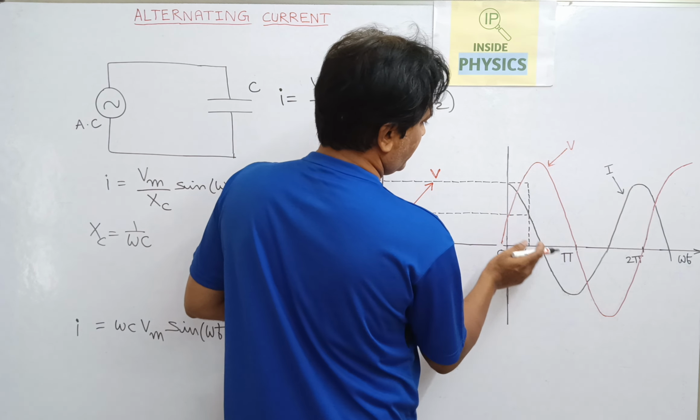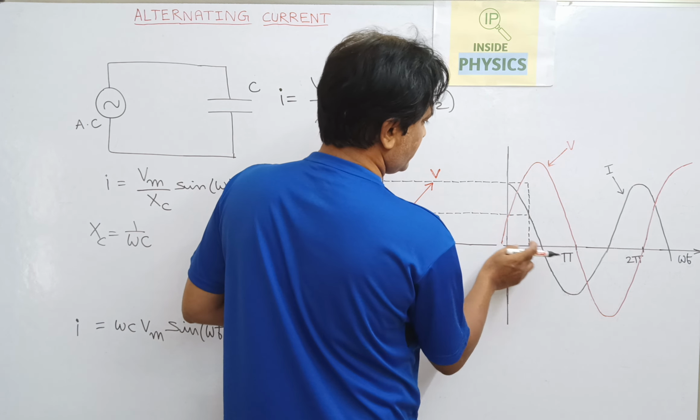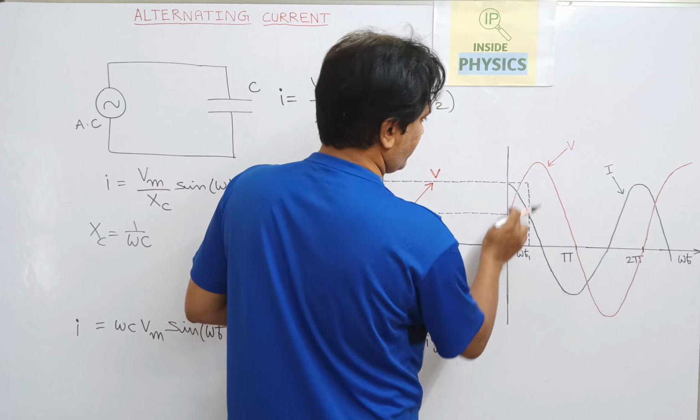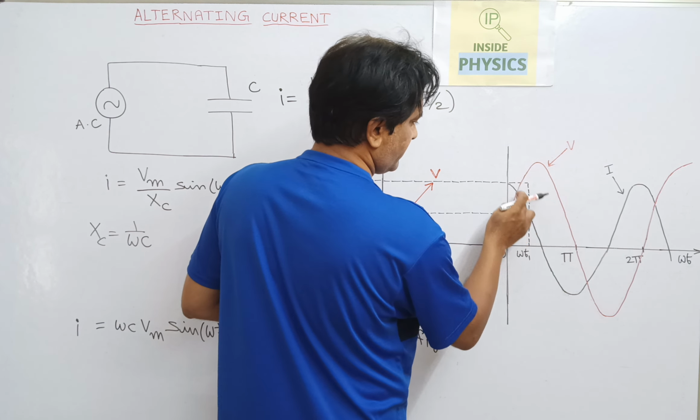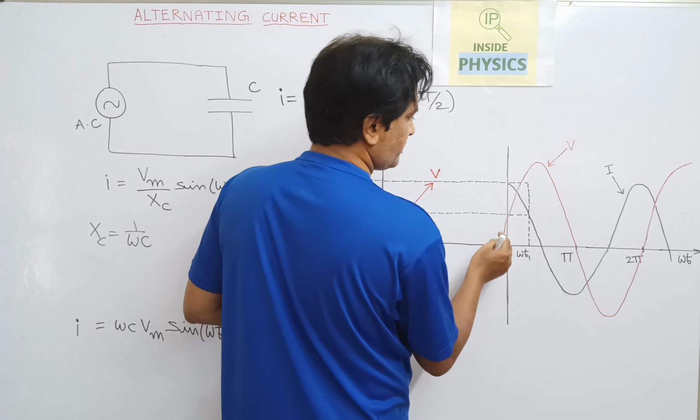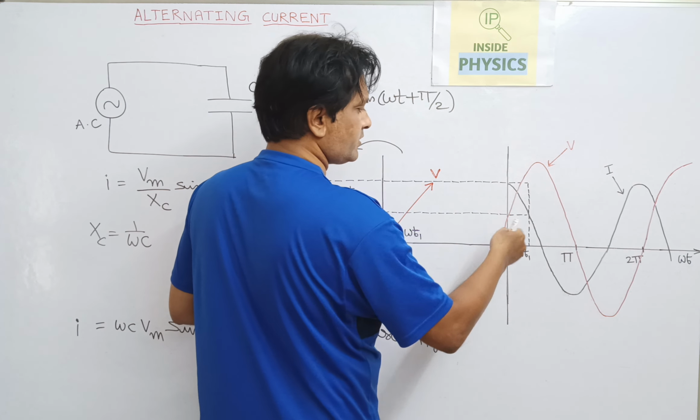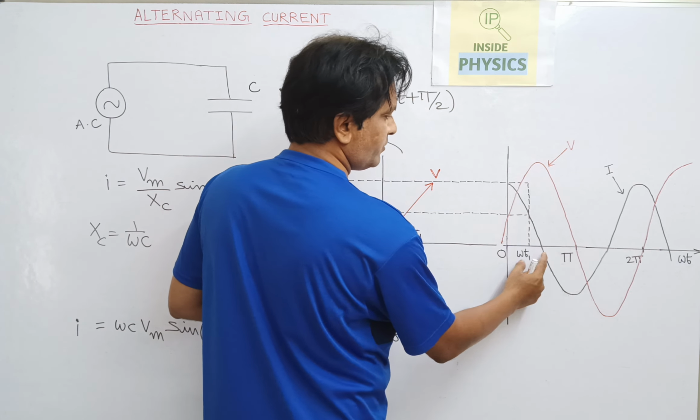You observe that the red line is the voltage curve, and the black line, the current, is ahead of the voltage by a phase of pi by 2.